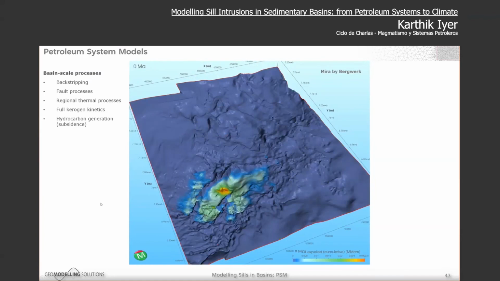It also takes into account regional background thermal processes, so diagenetic processes based on basal heat flux. We have full kerogen kinetics here, and therefore can calculate how much oil and gas can be generated just diagenetically. And this is a map of oil expelled from a certain source rock horizon shown here.